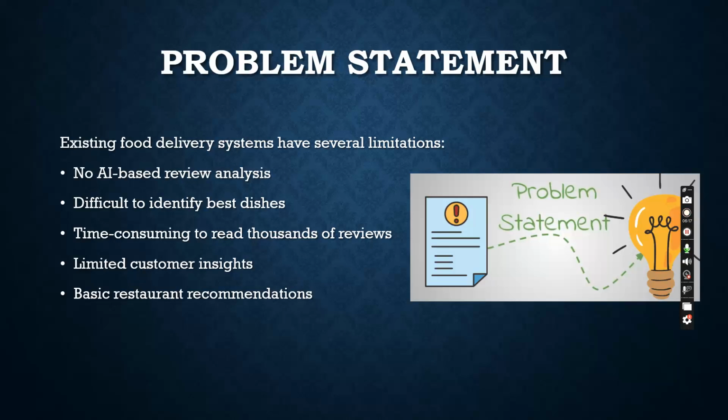Because of these limitations, both customers and restaurant owners lose valuable information. AI has the ability to process a large amount of text within a short time. This information helps customers make faster and smarter decisions. It also helps the restaurant owner gain valuable insights about their food, delivery, packaging, and everything else.